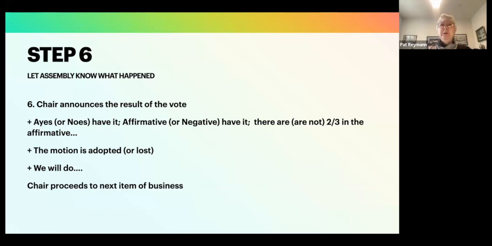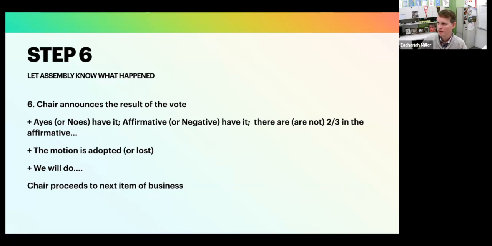Well, certainly the chair wants to be gentle, but you do want to instruct people that really what they need to do is to be speaking in favor or against. And I think what, as a chair, I would say, after the comment, are you speaking in favor of this motion or against it? And just make them take a stand, or just say, oh, no, I'm just making a comment. I would say then comments are not in order at this time.